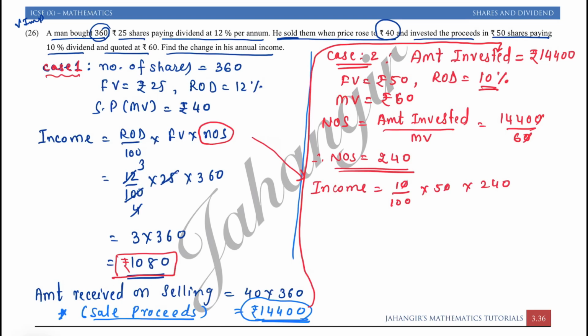So 0 and 0 will get cancelled, and 240 into 5 is rupees 1200.